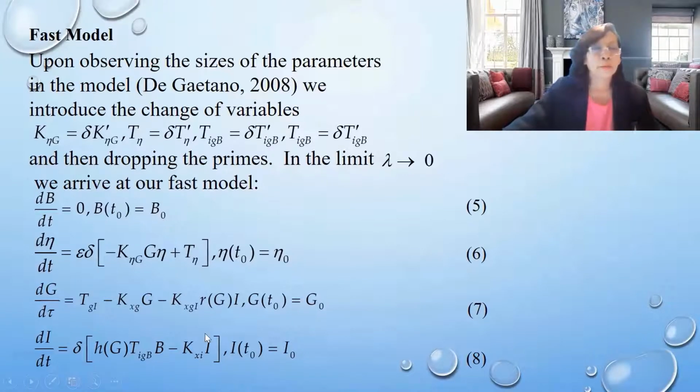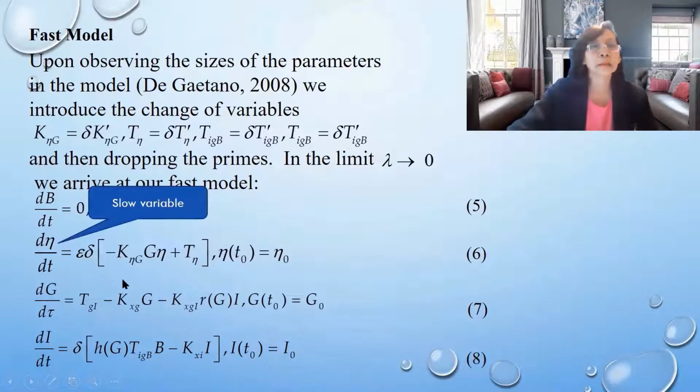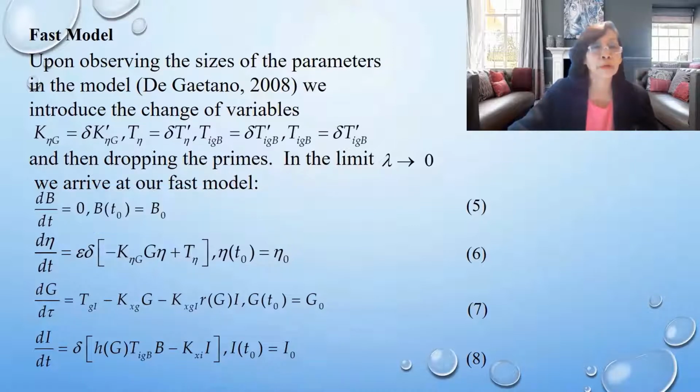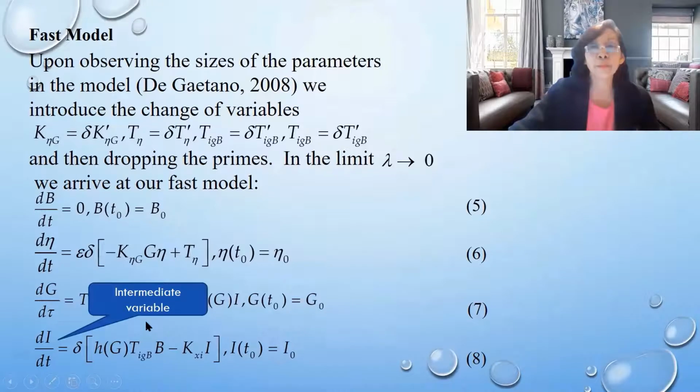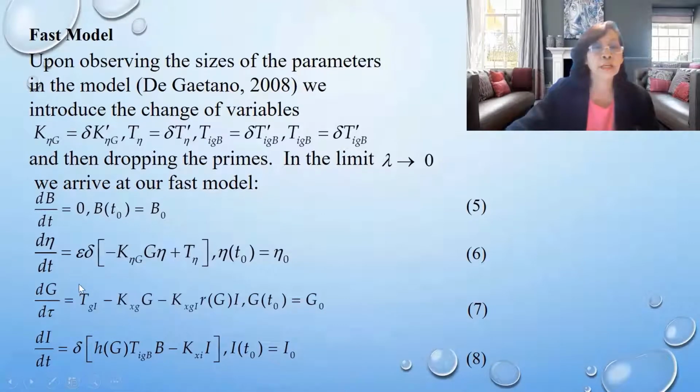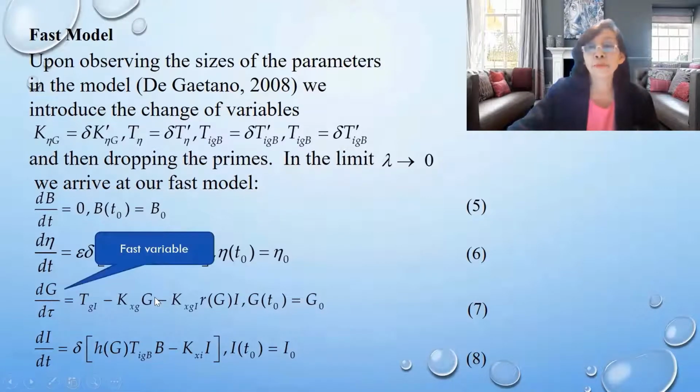So we now have these three equations, 6, 7, and 8. Since epsilon and delta are very small, eta changes very slowly, so it is a slow variable. I is then the intermediate variable. It changes at an intermediate speed. G is the fast variable, which changes at a fast speed.